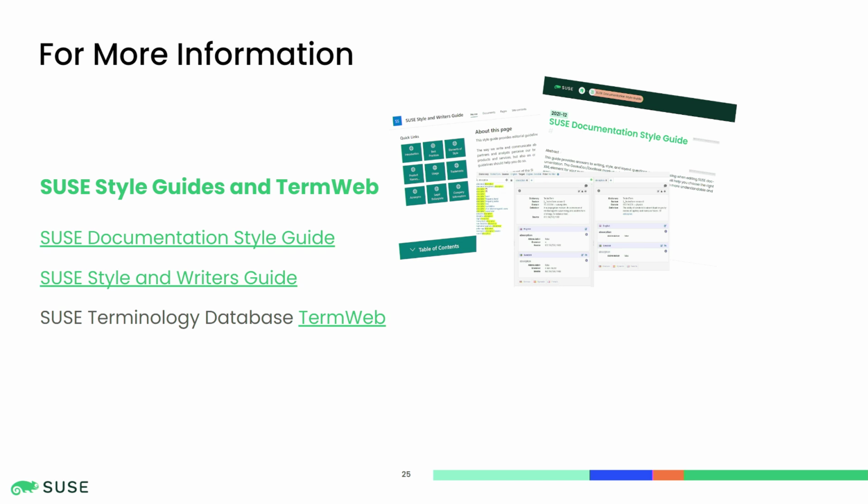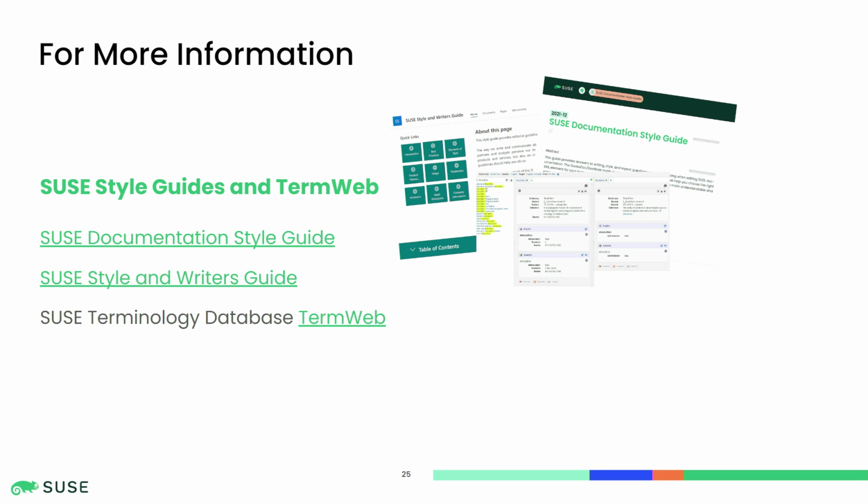Our team also maintains our star project this year, the TermWeb, which is the terminology database that has the official terminology, especially for products and a lot of other interesting and relevant terms that are accepted in our company. So all these resources can be found in the slides.